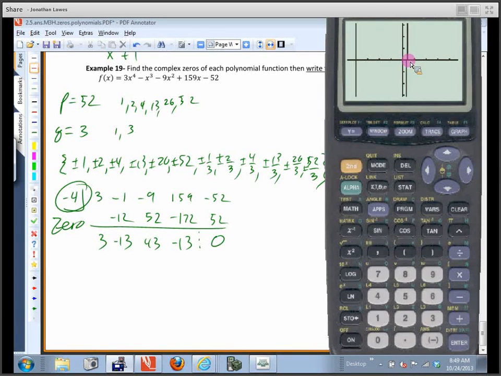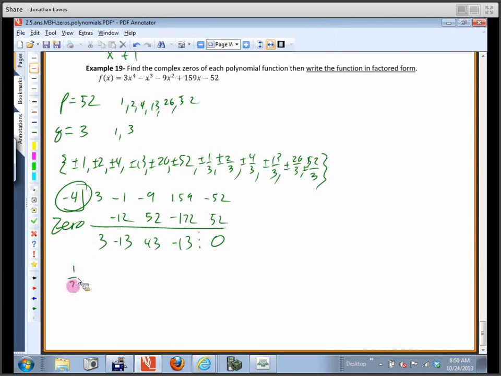About a half. Is a half on our list? A half isn't on our list. So what is it? It's got to be 1/3. So I'm going to hit trace and I'm going to hit 1 divided by 3. So I put it in there exactly, exactly 1/3 and hit enter. It ends up being a 0. So does 1/3 work? Yes, it does. And that's a lot easier than working with this ugly depressed polynomial.